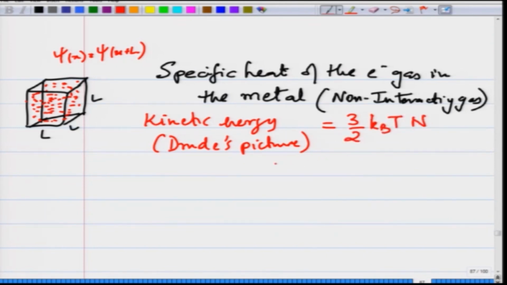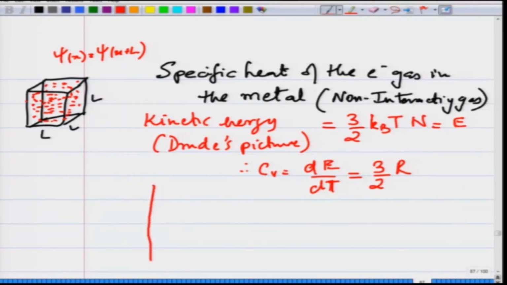This is the total energy of the system, and therefore the specific heat of this electron gas, which is dE by dT, the derivative of the total energy as a function of temperature, is 3/2 R.